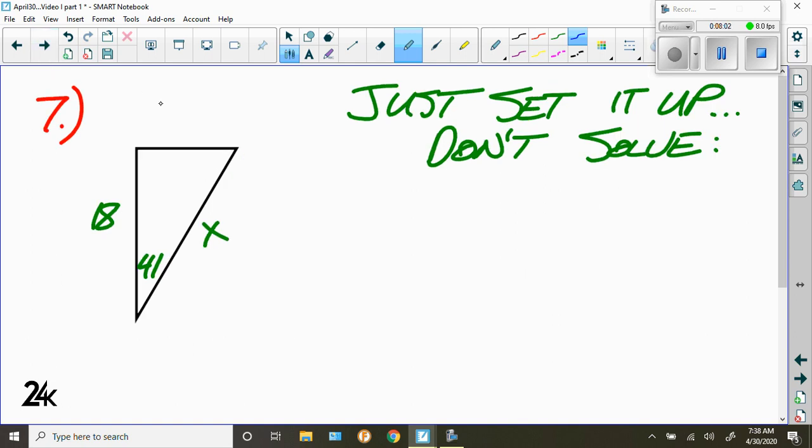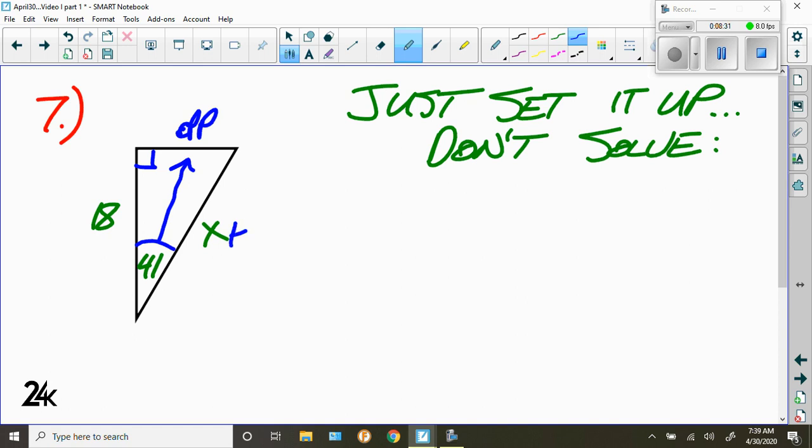Number 7. Now the rules change. It says just set up the problem. Do not use a calculator. Do it just like I did in the video. Do not solve for the side. Okay, here's the box. Sorry, forgot that. Here's 41. You're the opposite, but there's nothing there.